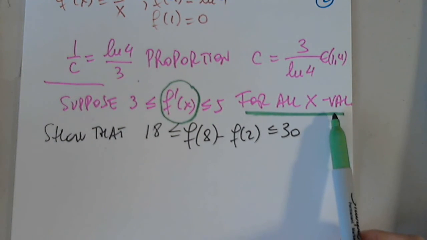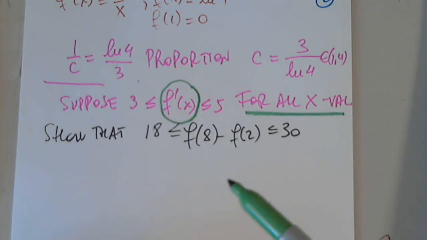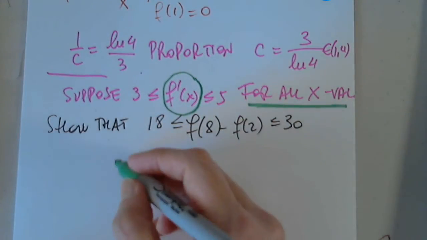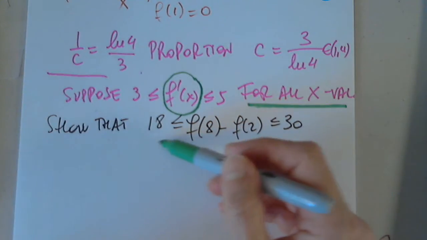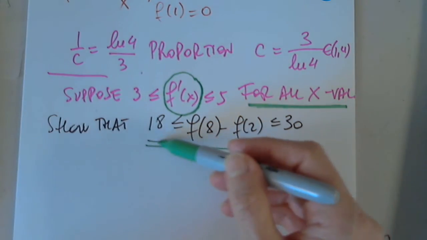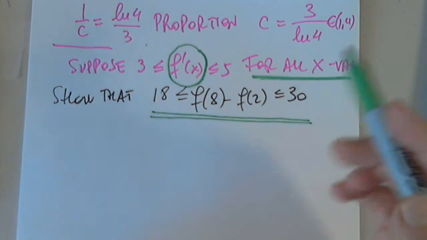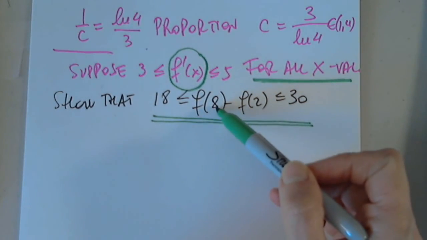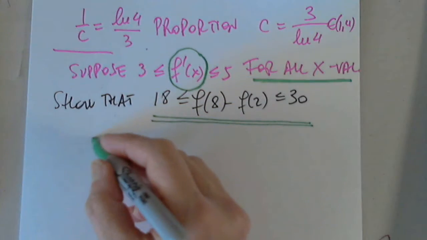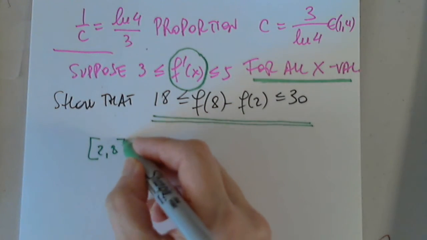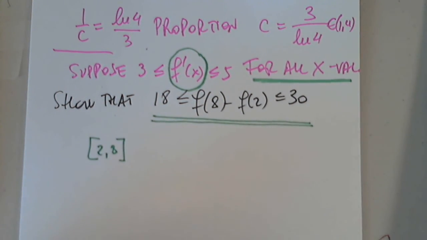That's what it means. So when I look at what I'm trying to show, I see f of 2 and f of 8. That's an indication that they really want me to look at the interval [2, 8].